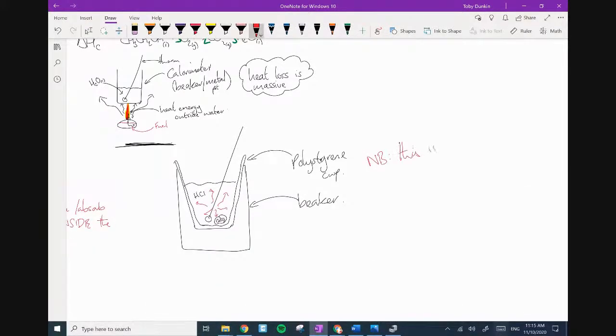This is much better since we can use an extrapolated graph to account for heat loss. Amazing.